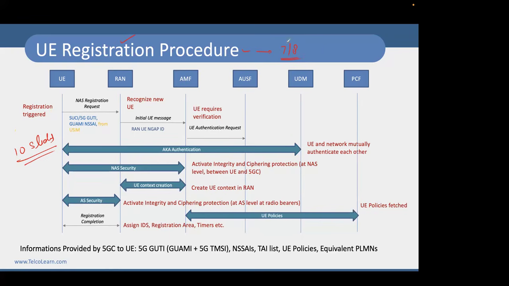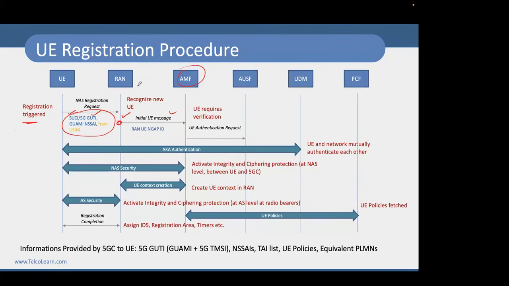Whenever the user triggers a registration, it sends some identity. This identity can be a SUCI value or a 5G GUTI value. Based on this, the gNodeB does the AMF selection and sends the message to the AMF.